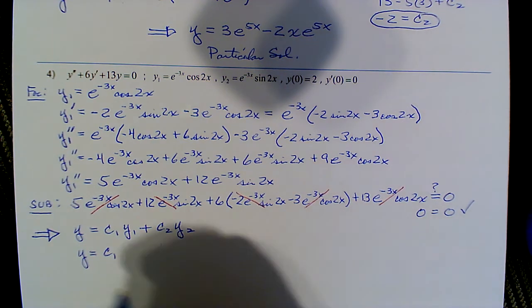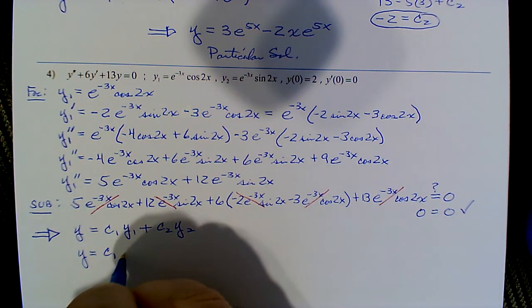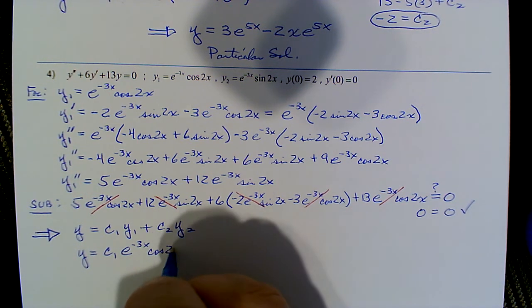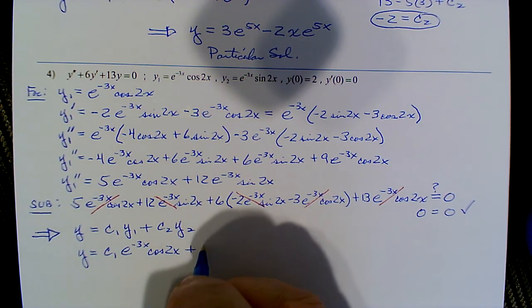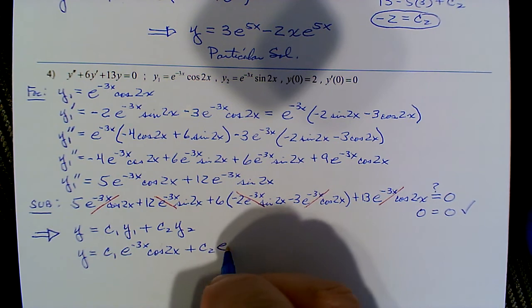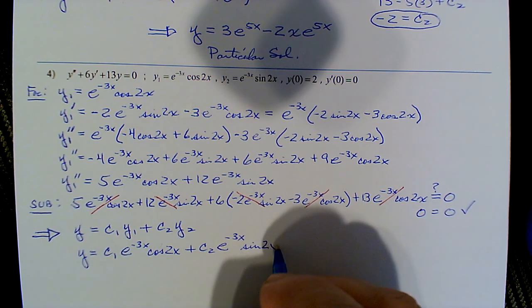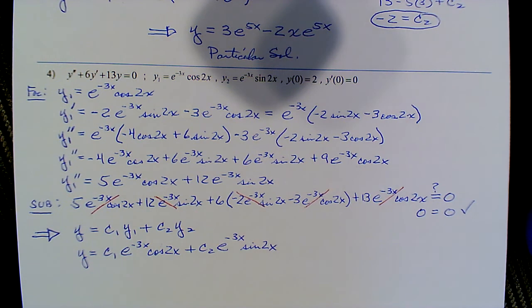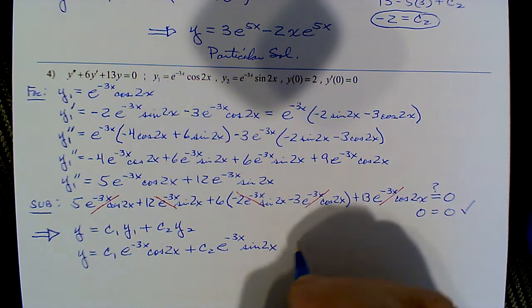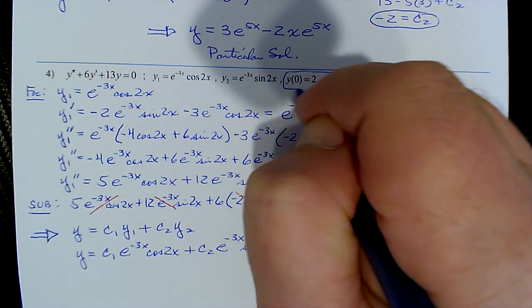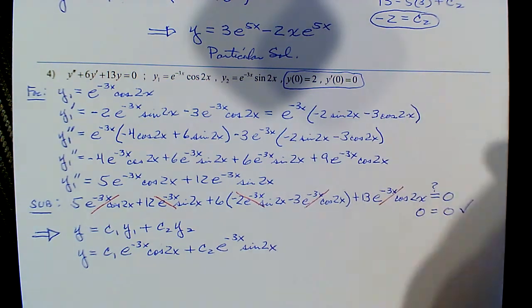Okay, so C1y1 was e to the negative 3x cosine 2x, and then plus C2y2, e to the negative 3x sine of 2x. And for this as well, it would be advantageous to factor out, because what we're going to do is use the two initial conditions, which are the function and its first derivative.